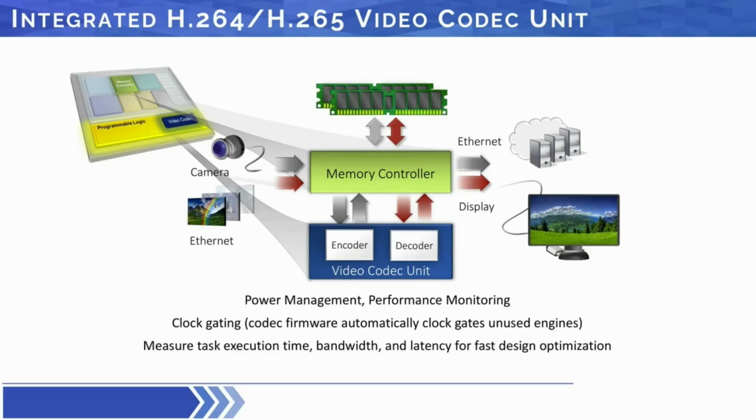Similarly on the return path, the data would be received through Ethernet, de-encapsulating the packets and placing in memory. The decoder would then be responsible for reading the encoded bit stream from memory, decoding it, and passing it back to the display, potentially leveraging the GPU to realize a graphical overlay.